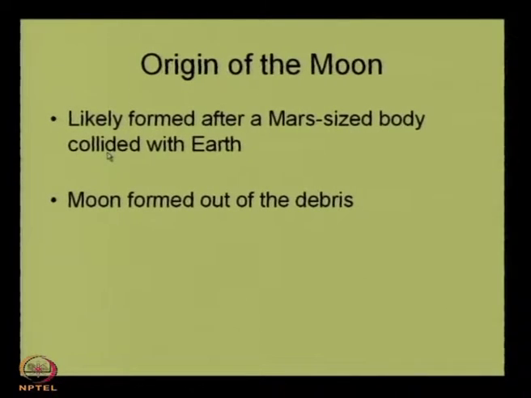So an object comparable to Mars possibly collided with the earth, and this collision gave rise to debris, and some of it got scattered off the earth in that impact, and one of those pieces of debris is the moon. So it is basically material from the earth and the object that collided with the earth. What remains on the earth is a mixture of those two objects, and a part of that splintered off and gave rise to the moon. That is what is believed, but these are possibly still open issues.